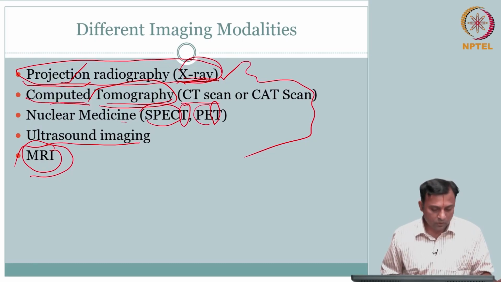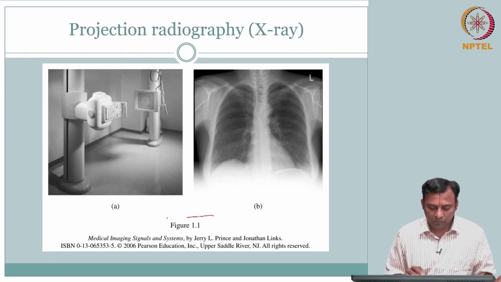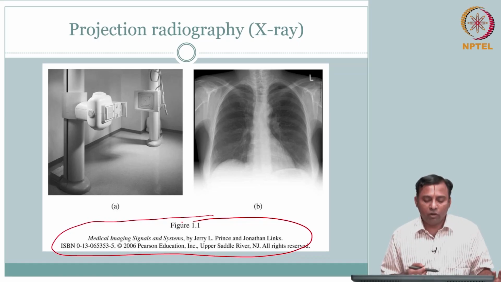Clear. So let's get to the first modality. Like I said, this is coming from the textbook reference, but I keep repeating, this is something very intuitive. At this point of time, most of you would have gone for a chest X-ray for yourself, or accompanied someone, right?